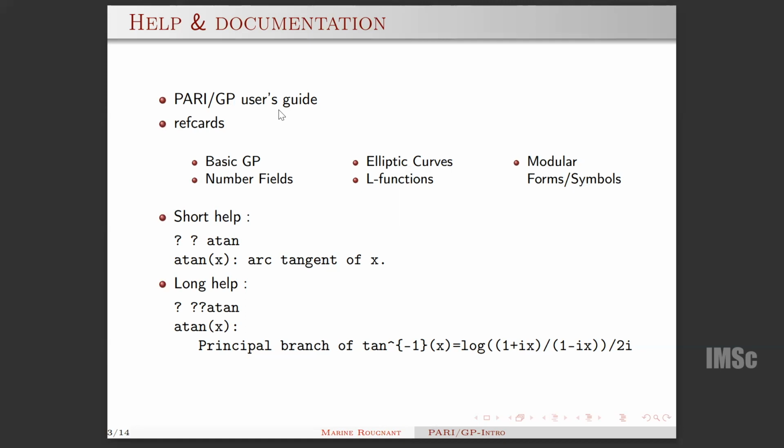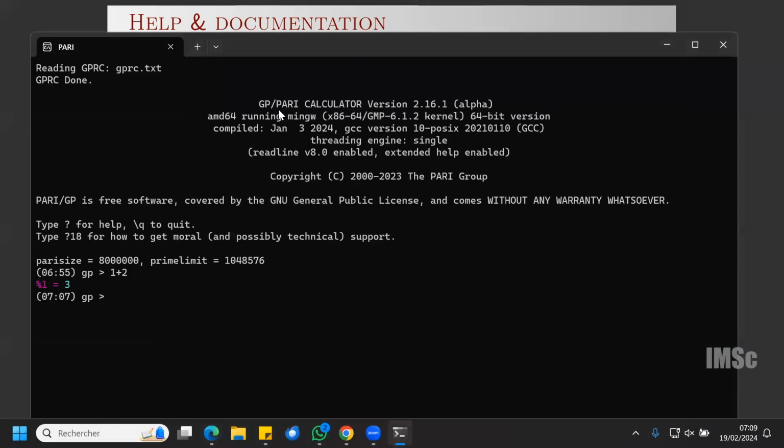But you can also use the software directly to get some help if you want to know more about a function. For example, if you type a question mark and atan, you have a short help. It says that atan is the arctangent of x. If you want to know more about the function, you can try a double question mark.